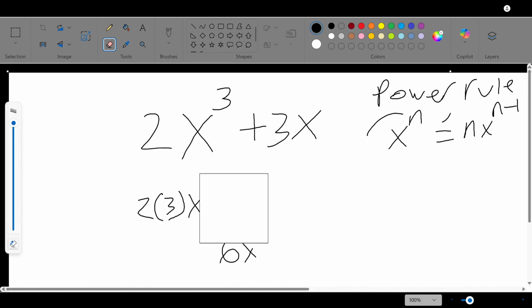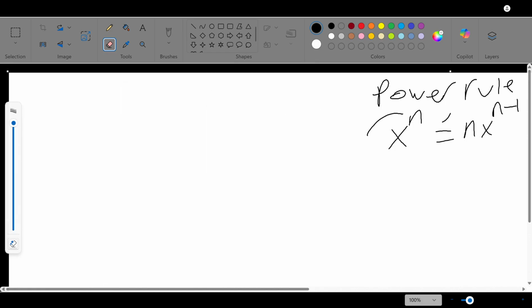Let's look at another example of the power rule. Let's say you have x to the 5th power minus x to the second power plus x. Now, here you would use the power rule.